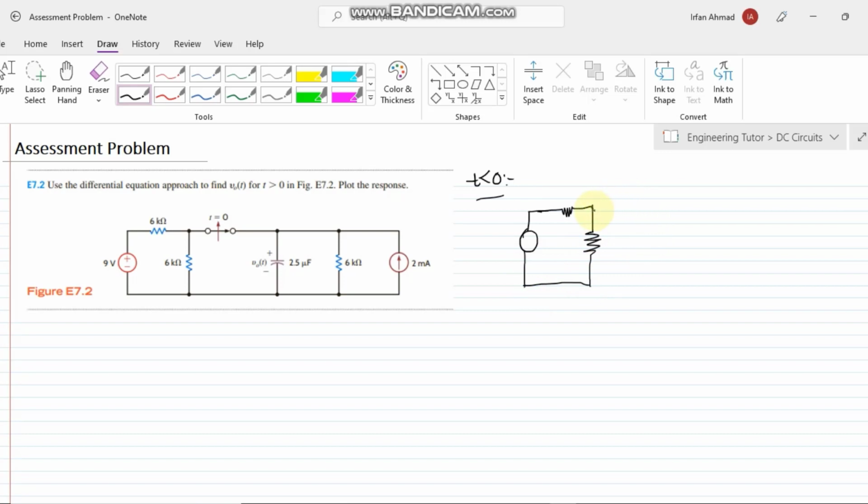Here the switch is basically short circuited, and the capacitor will behave as an open circuit. Let me draw it.